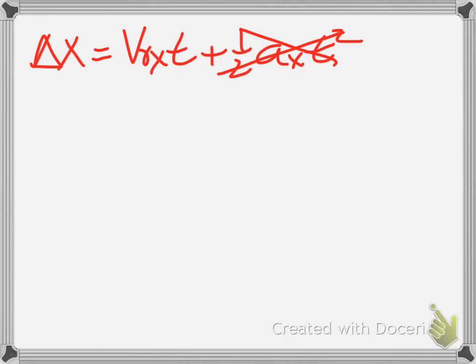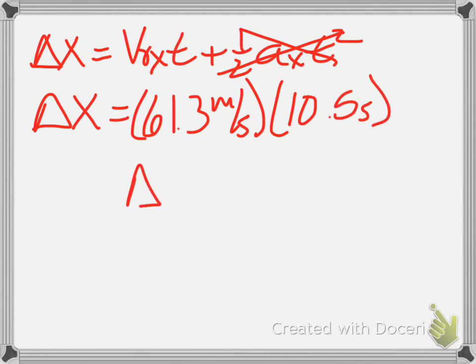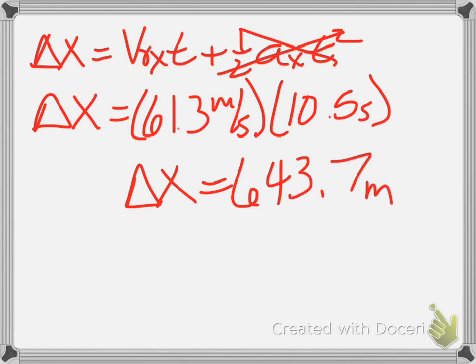There's no sideways gravity. So delta x is equal to our V0x, which would be 61.3 meters per second multiplied by our time, 10.5 seconds. And so our delta x would be equal to 643.7 meters. So that's how far away the Gazelle would land. A little bit more than half a kilometer.